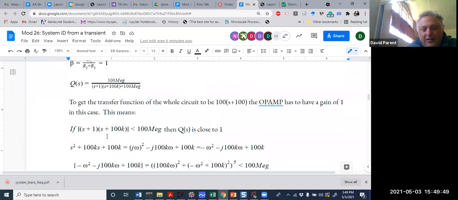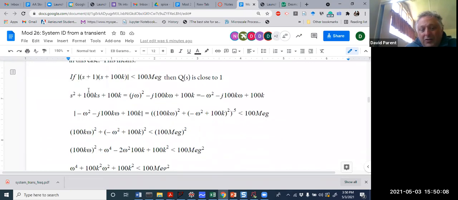And really, in order for this to equal 1, the 100 megs have to cancel out. Well, how's that going to happen? Only if the magnitude of this is less than the 100 meg. Okay. And so you can just write that out like here, those upward pipes are just the magnitude is less than 100 meg. And that's all you had to say.